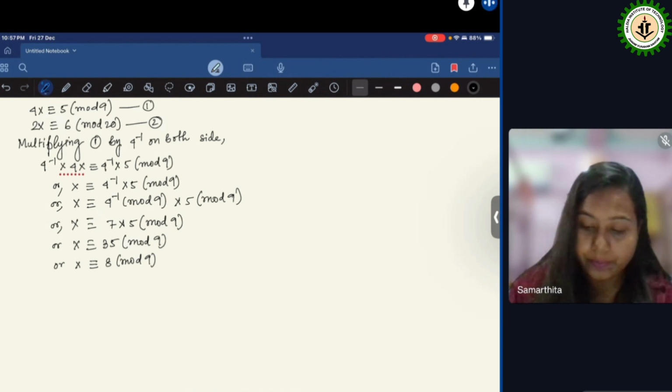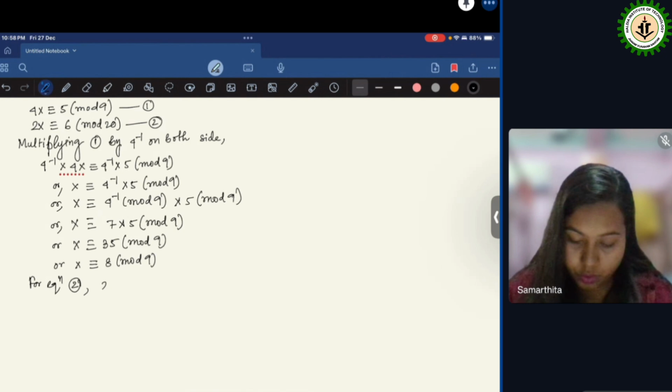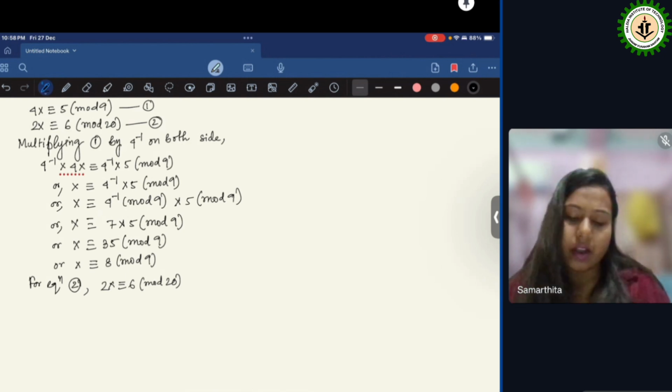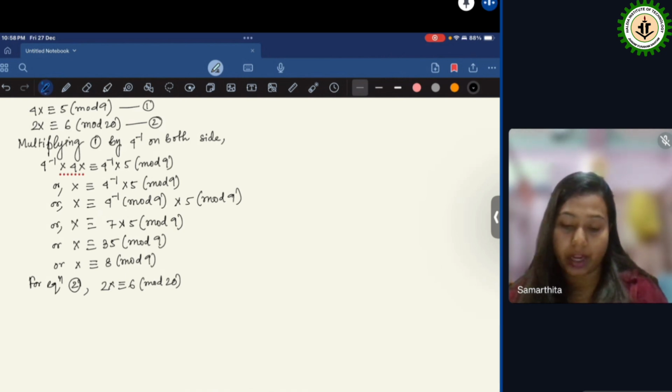And similarly, for equation 2, 2x congruent to 6 mod 20. Now, to remove 2, we don't need to multiply another numeric value, right?